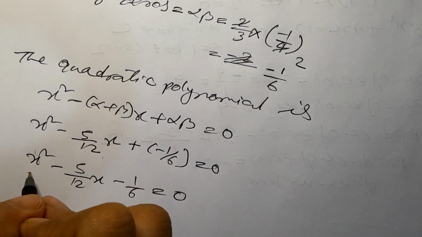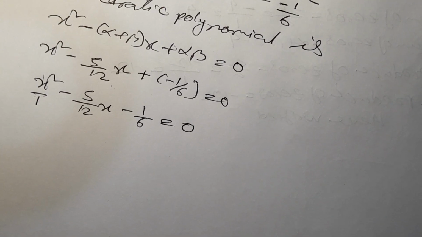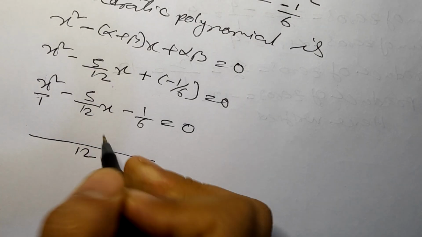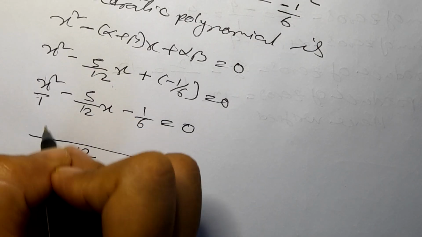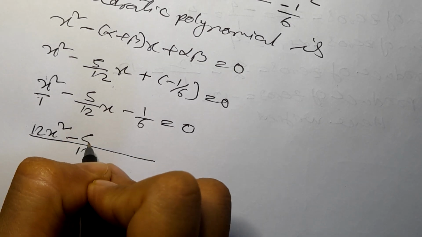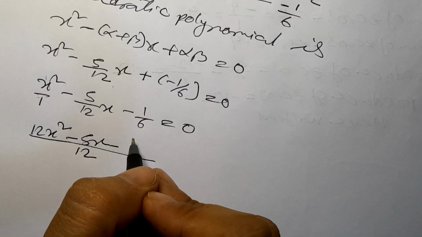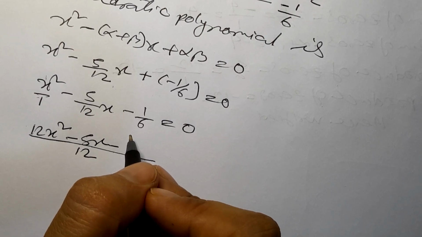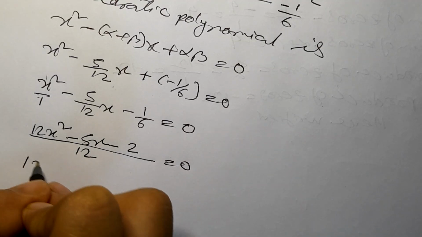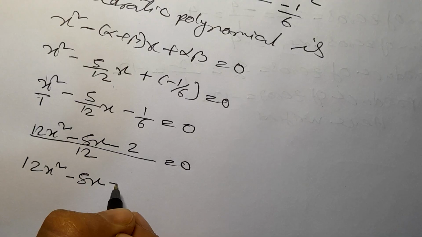Now make it a fraction, so divide it by 1. Now the LCM of 6 and 12 will be 12. 12 divided by 1 will be 12, so it will be 12 x square minus 5x minus 2 equal to 0. 12 divided by 12 gives 1, 12 divided by 6 gives 2. Keep 5x as it is.